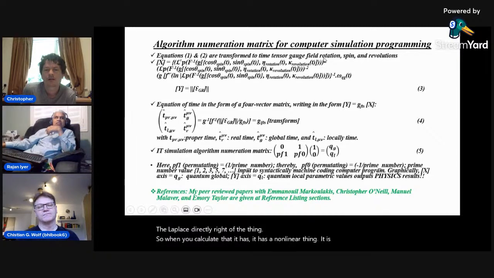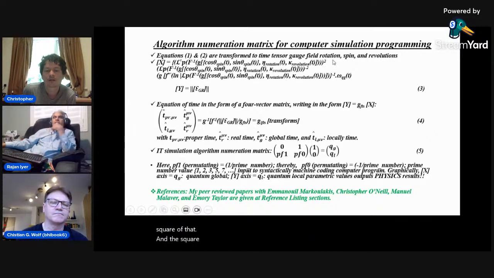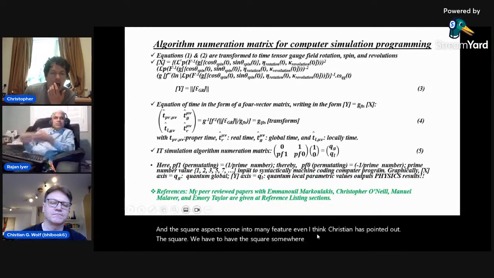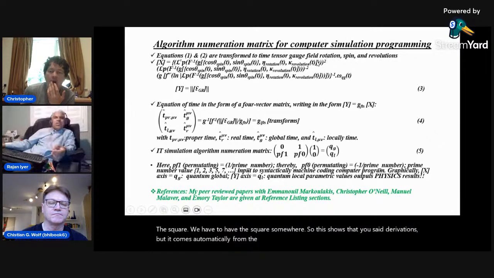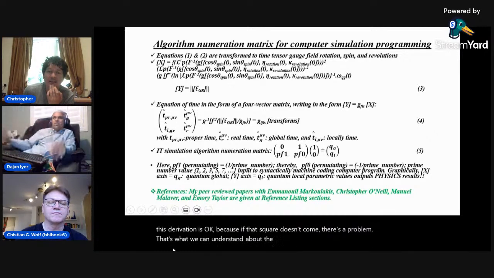It is not just a linear square of that, and the square aspects come in. Even I think Christian has pointed out that's true. The square comes automatically from the derivation, so it verifies that this derivation is okay. Because if the square doesn't come, there's a problem.